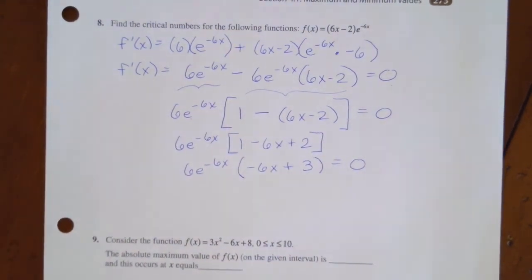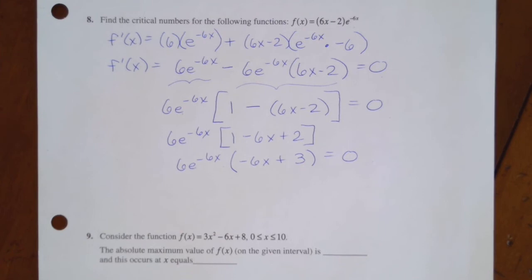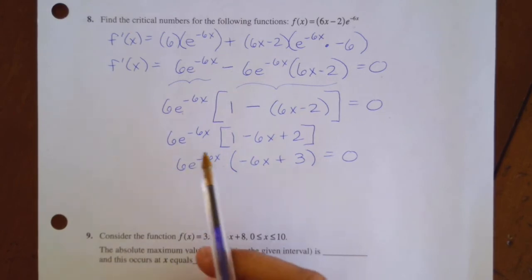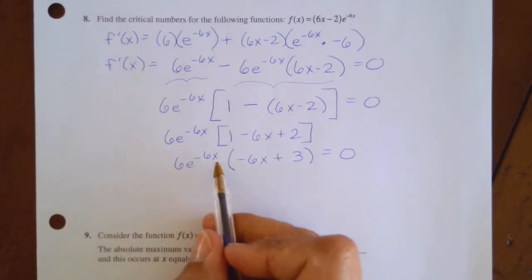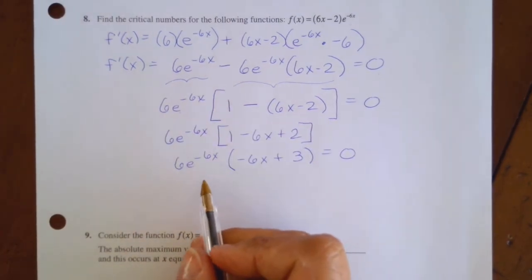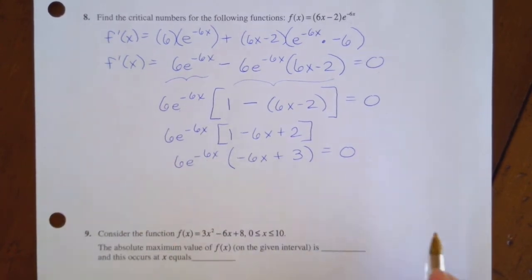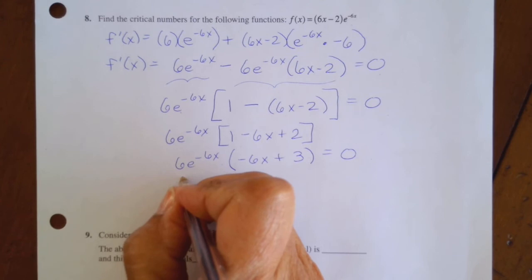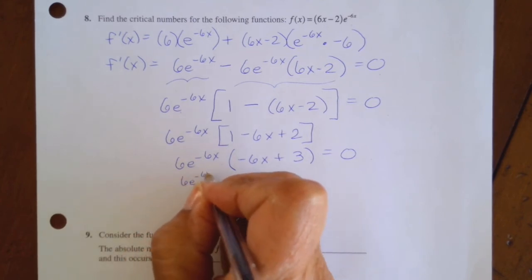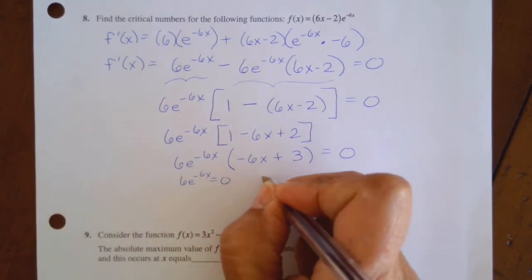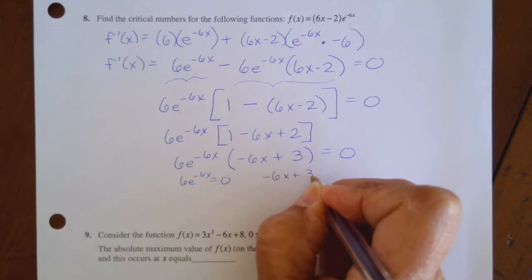All right. So I'm going to set each factor with an x in them equal to 0 and solve. And we're going to talk about this because anytime you have an exponential function and set it equal to 0, you're not going to get any answers. So let's talk about why that is. All right, so we're going to take 6e to the negative 6x, set it equal to 0, and negative 6x plus 3.